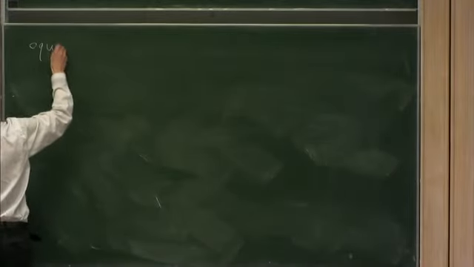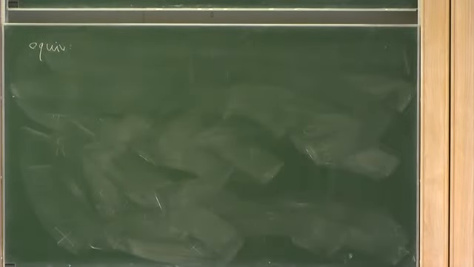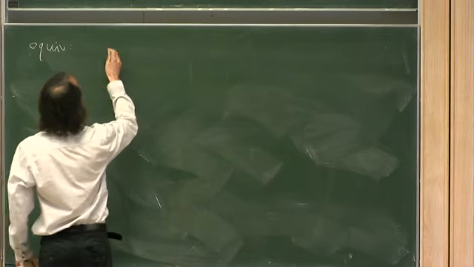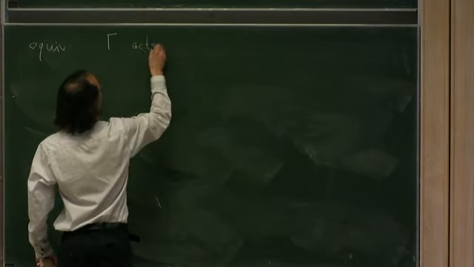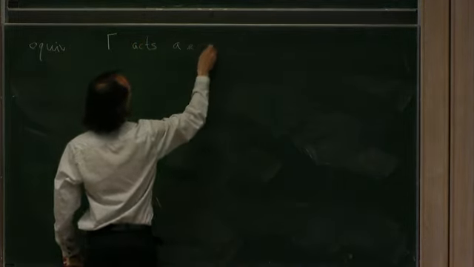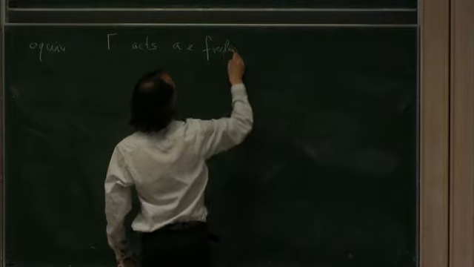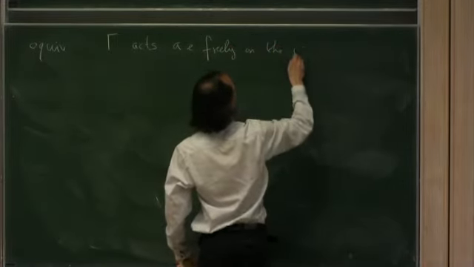And another way, let me just rephrase it in the language of measure preserving actions, is to say that gamma acts almost everywhere freely on the profinite space.